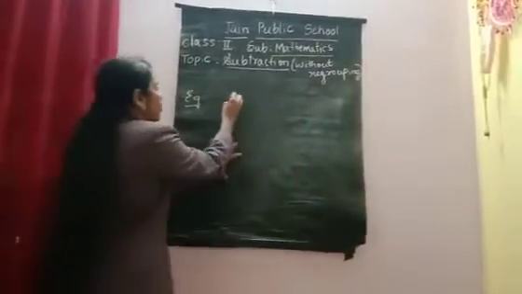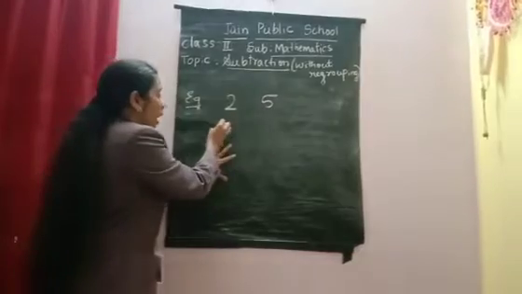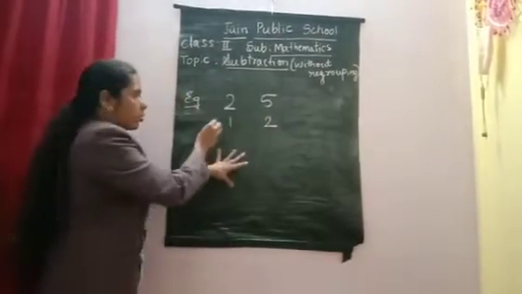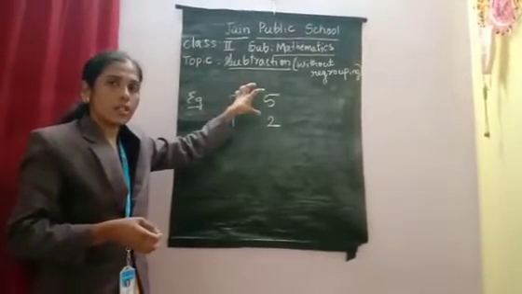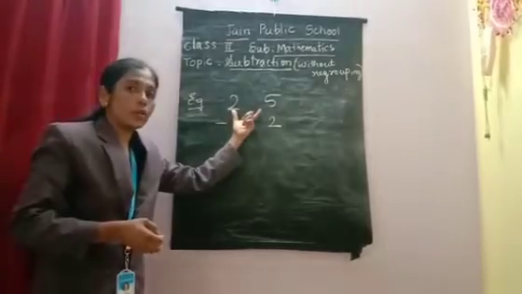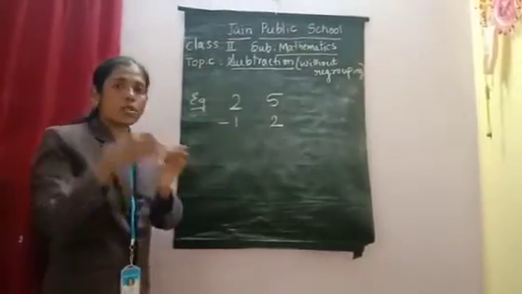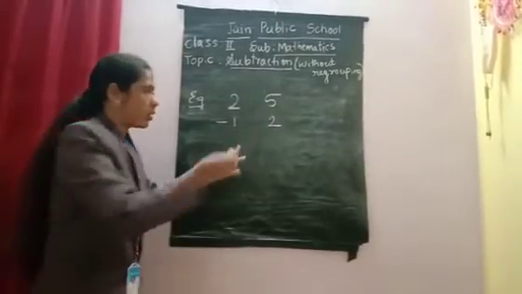Understood? And she gave how many chocolates to her friend Meenu? 12. It is what? Minus. She is taking away the chocolates from the whole, which is 25 chocolates. She gave it to her friend Meenu, 12 chocolates. Understood?